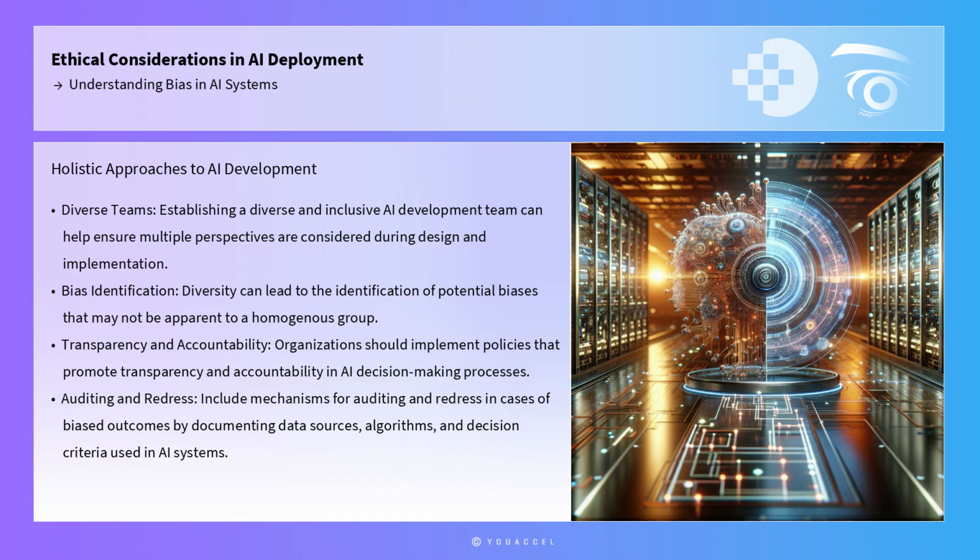This diversity can lead to the identification of potential biases that may not be apparent to a homogeneous group. Moreover, organizations should implement policies that promote transparency and accountability in AI decision-making processes. This includes documenting the data sources, algorithms, and decision criteria used in AI systems, as well as providing mechanisms for auditing and redress in cases of biased outcomes.